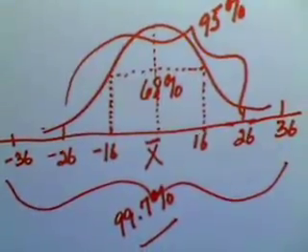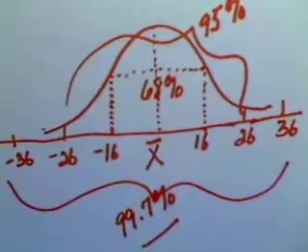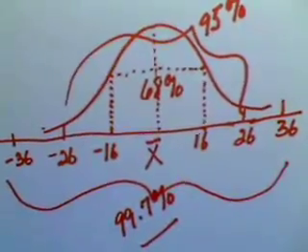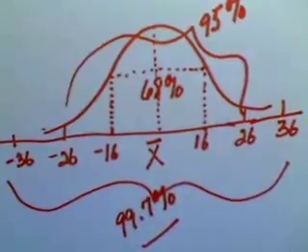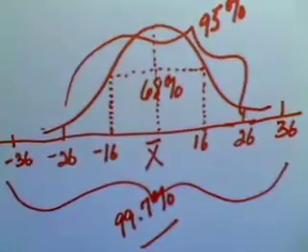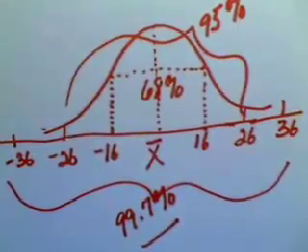So if you take a data value and you calculate the number of standard deviations you are from the mean, that is another way of judging whether you have an outlier or not.